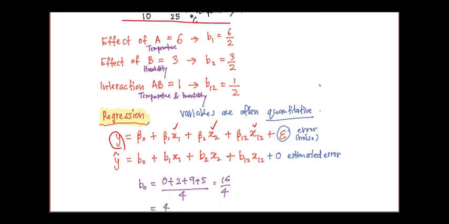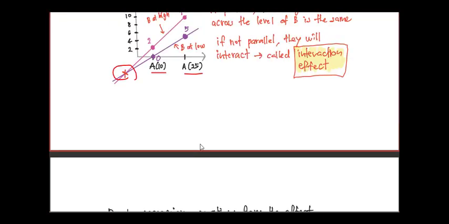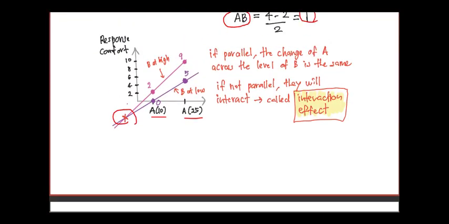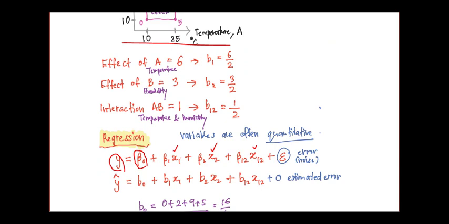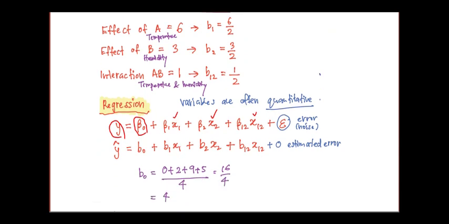To find that, we need to find these constants: beta 1, beta 2, beta 12, and also beta 0, which is a constant value in our regression equation. Regression is actually a line which we can draw in our space to show the relationship between the comfort level and different factors, which is closest to each point.